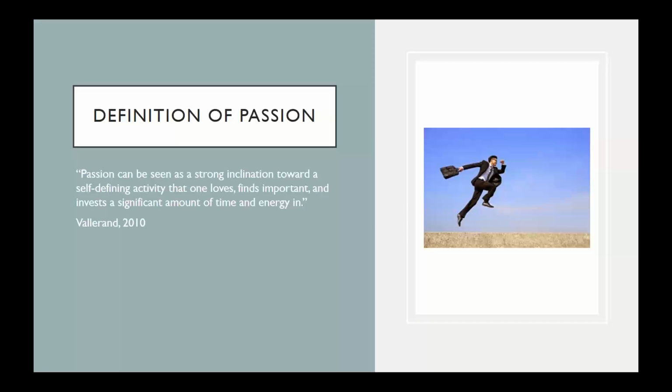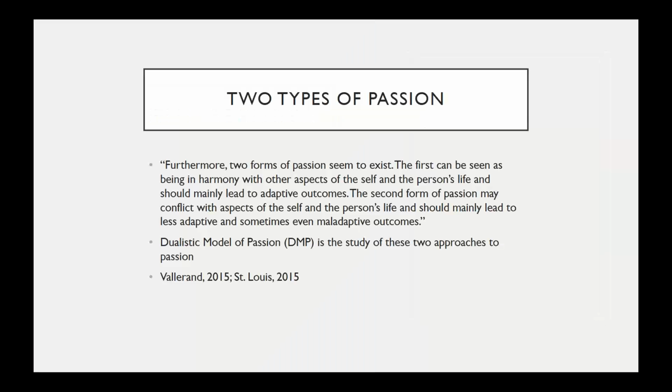I wanted to start off by defining what passion is according to Vallerand and his research. He defines passion as a strong inclination towards a self-defining activity that one loves or finds important, and invests a significant amount of time and energy in. His research formulates around two different kinds of passion. The first is in harmony with other aspects of the self and your life, and this harmonious approach leads to adaptive outcomes.